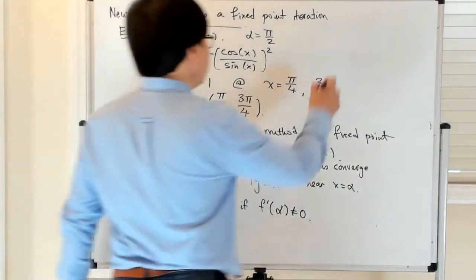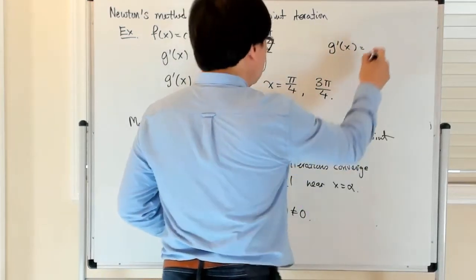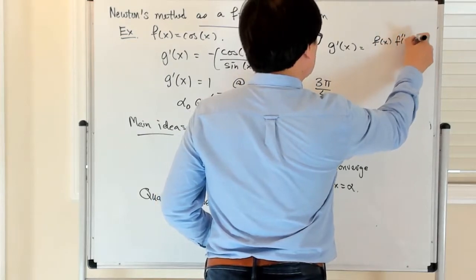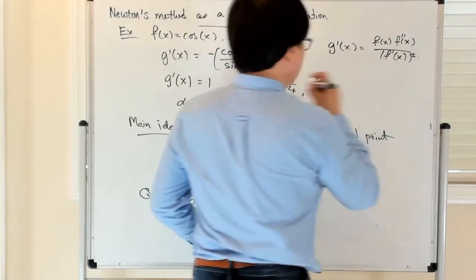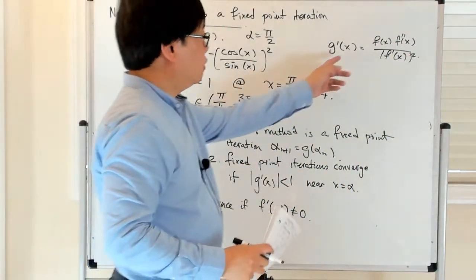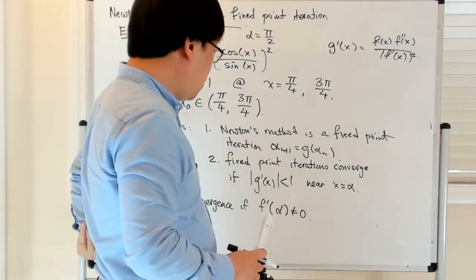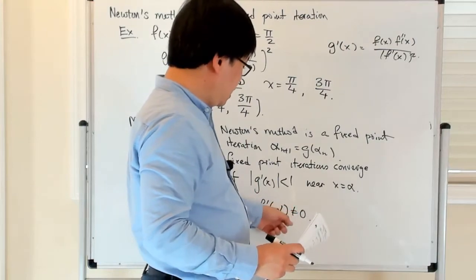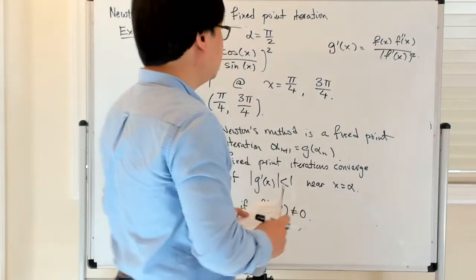That's because, if you recall, g prime of x was f of x, f double prime of x divided by f prime of x squared. We want this g prime to be less than 1, and it will be 0 so long as f prime at alpha is not 0, because f at alpha is 0.